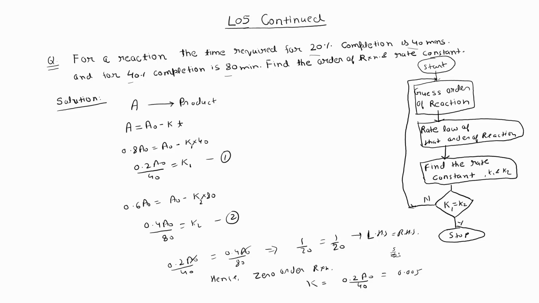So this is your rate constant: K is equal to 0.005 A naught, for a zero order reaction. Okay, this is how we solve this type of problem.